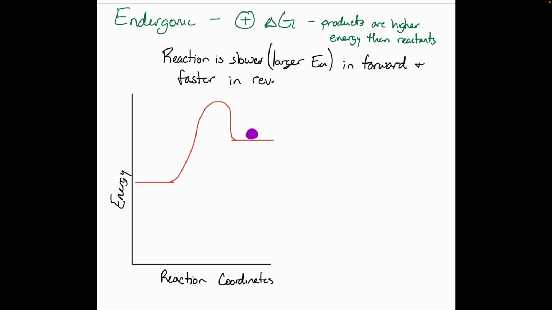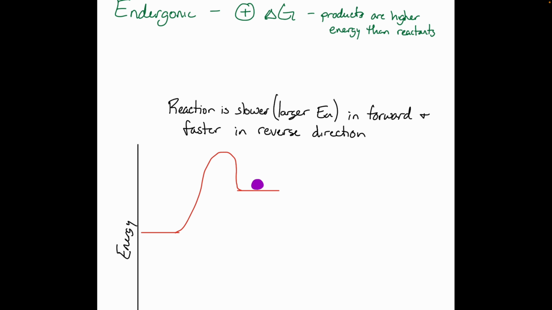All right, kind of all these are saying the same thing. Endergonic, reactions slower in the forward than the reverse direction, right? These are reactions that will favor the reactant side.